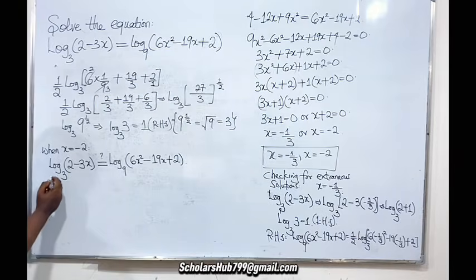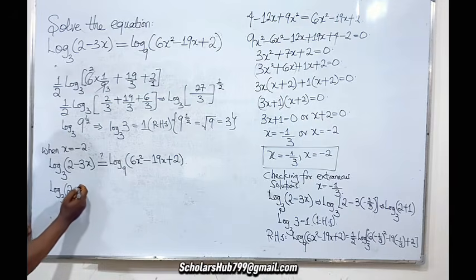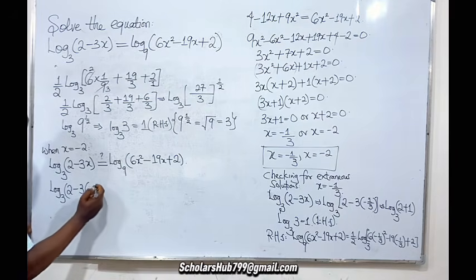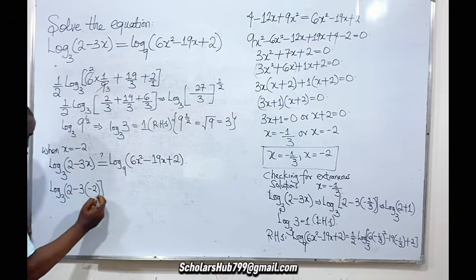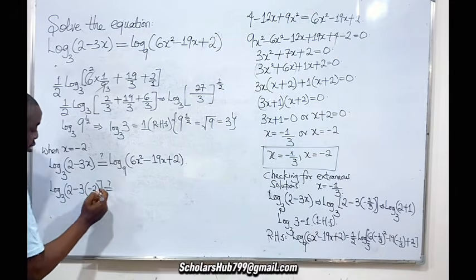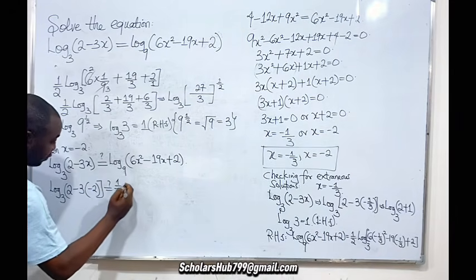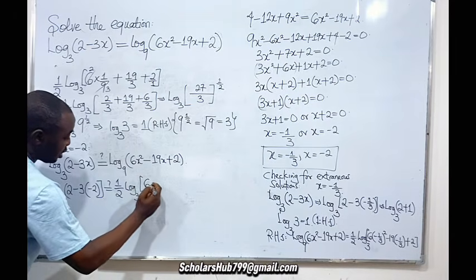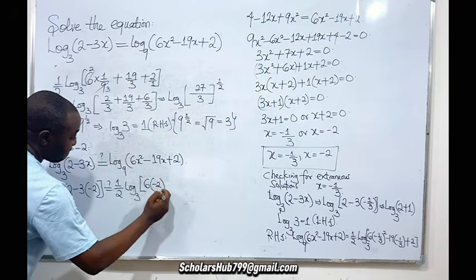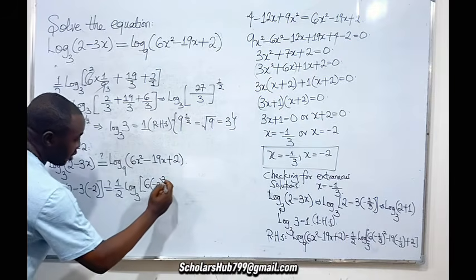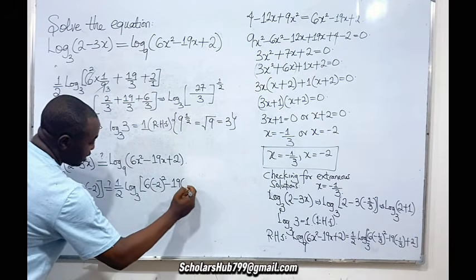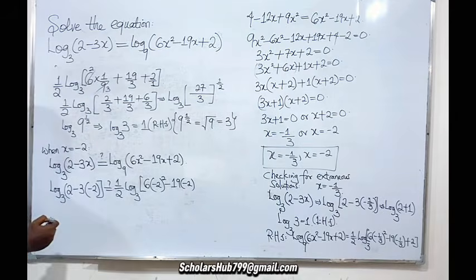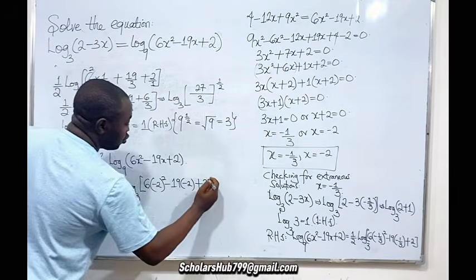So when x equals minus 2, the left-hand side will be log to base 3 of parentheses 2 minus 3 times minus 2. This will be equal to 1/2 of log to base 3, open square bracket, 6 multiplied by minus 2, all raised to the power of 2, minus 19 multiplied by negative 2 plus 2.